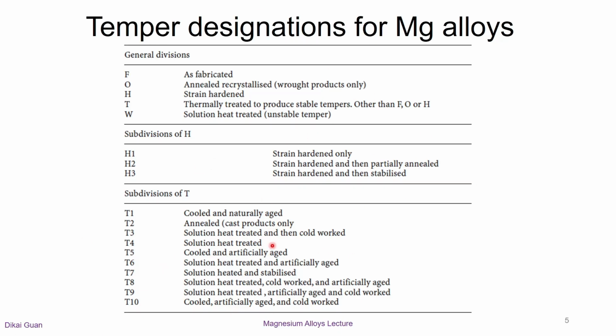It should be noted that temper H and T have several subdivisions. For example, H1 is strain hardened only, T4 is solution heat treated, T6 is solution heat treated and artificially aged. T4, T5, and T6 are commonly used in metals and alloys.